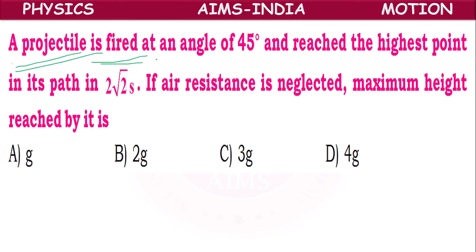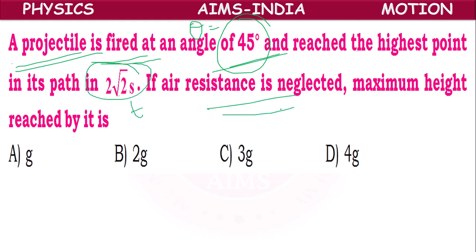Next one. A projectile is fired at an angle theta 45 degrees, and reaches the highest point in its path in 2√2 seconds, which is time. If the air resistance is neglected, what is the maximum height reached by it?